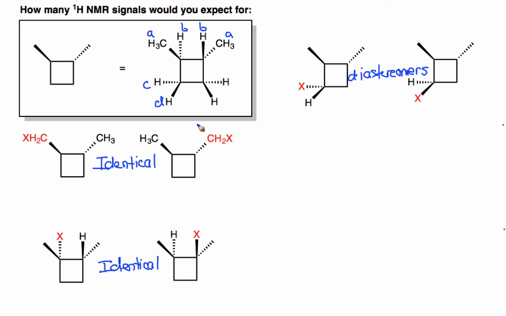Now let's think about comparing maybe this hydrogen that's pointing out on this side with the hydrogen that's pointing back on this other side. Are those chemically equivalent or distinct?